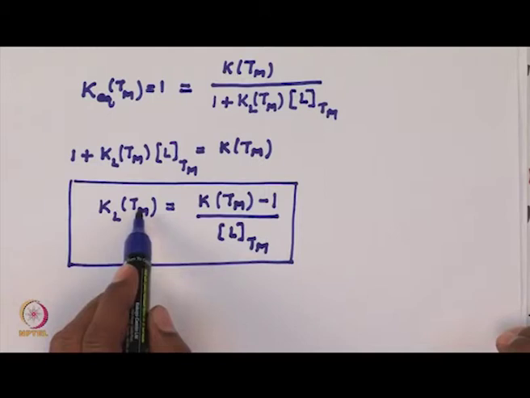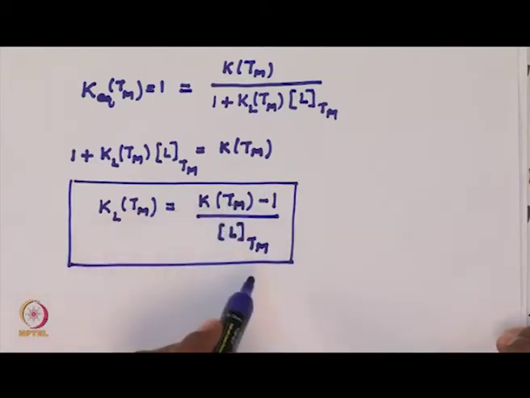Now Kl at Tm or K at Tm, these can be connected to enthalpies of reaction and the values of the equilibrium constants at any temperature by the equations that we derived earlier. Let me show you back the equations which are required for discussion. I'll have to go back by these slides.